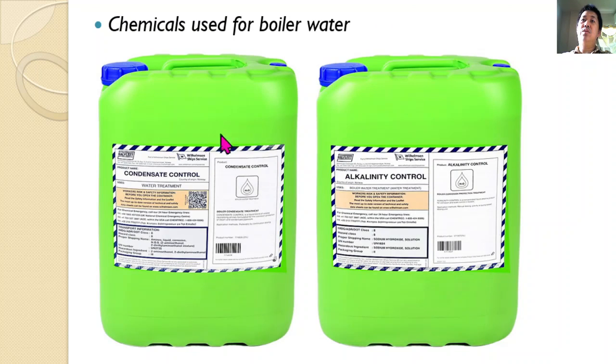And this one is also for condensate control. You add this one into your boiler water, and then you test after 3 days. So every 3 days you test the boiler water.